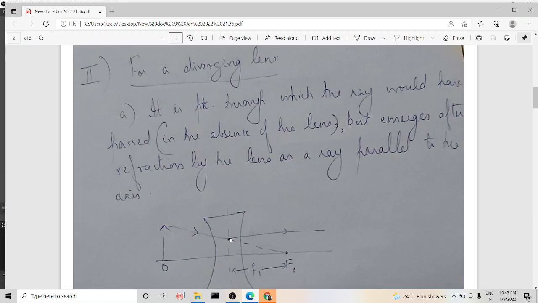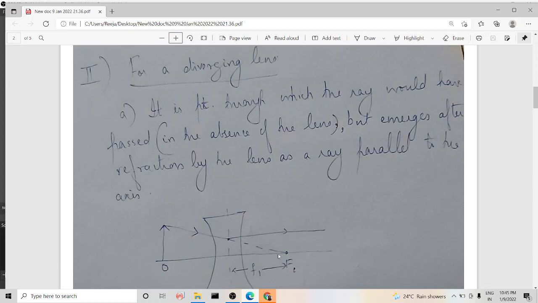But because the lens is here, the ray will undergo refraction and emerge parallel to the principal axis. A ray which in the absence of the lens would converge to a particular point on the principal axis, because the lens is present, undergoes refraction and goes parallel. So when you extend that ray backward, it will coincide with the principal axis at a point called capital F1.